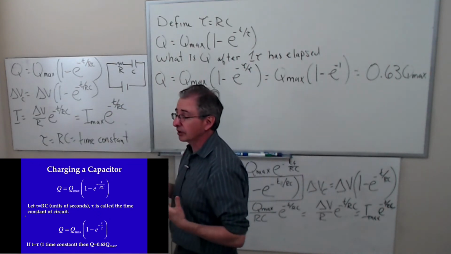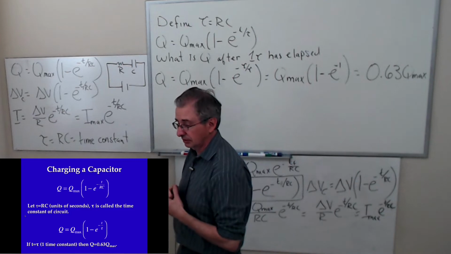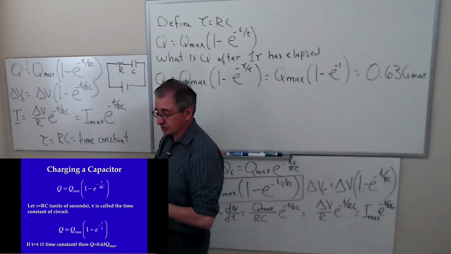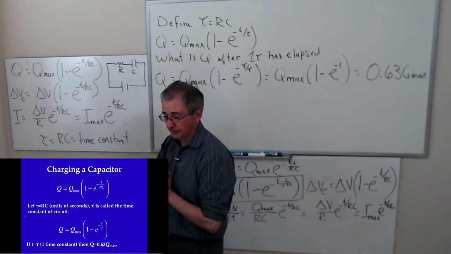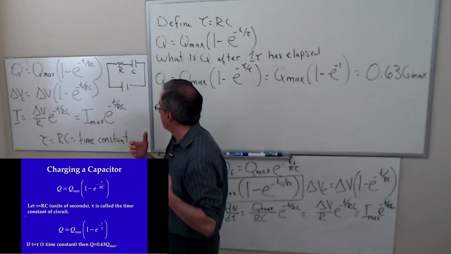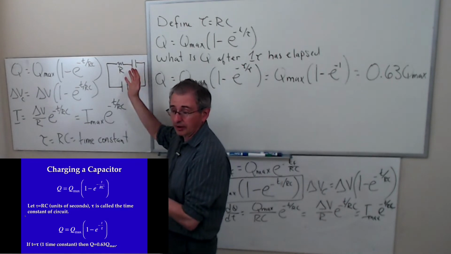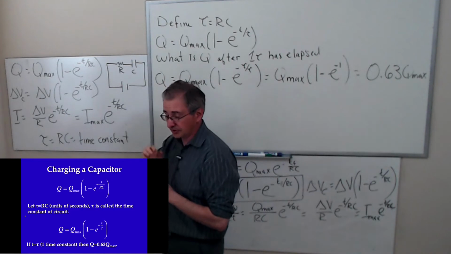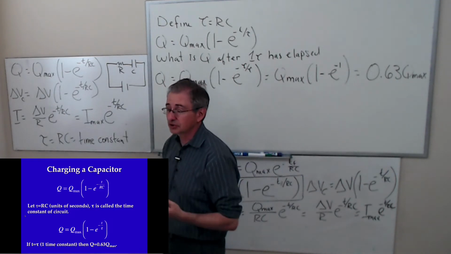After a long period of time has elapsed, what happens? The capacitor is fully charged. All the energy it can get is stored in there. You can't put any more energy into the capacitor. The system reaches steady state.